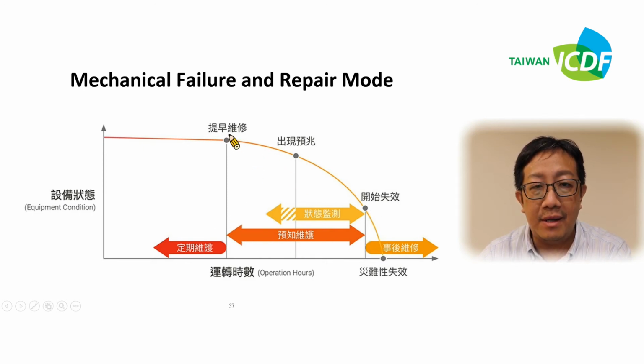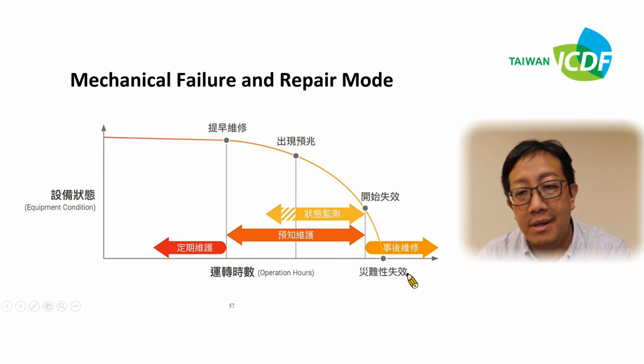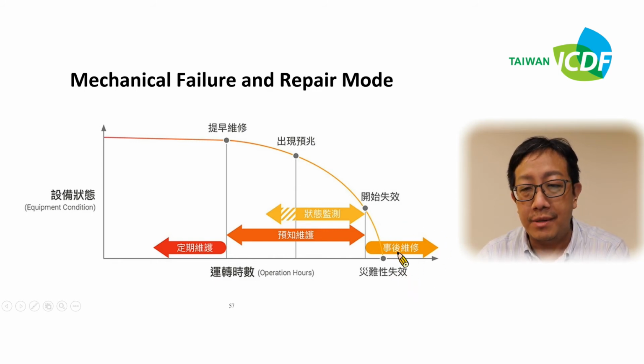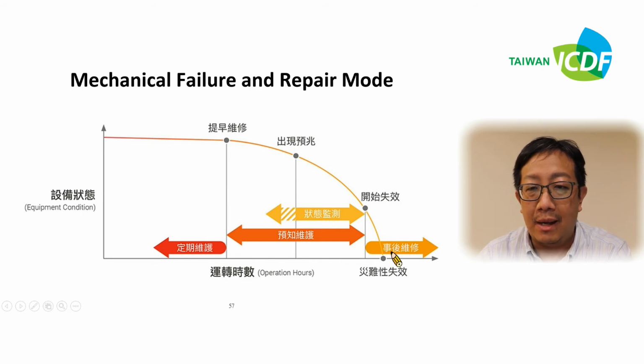So you can have the predictive maintenance during this time. And somehow, well, in the worst scenario, you have to repair it after the disaster has happened. You have to shut everything down, and it will cost you a lot.